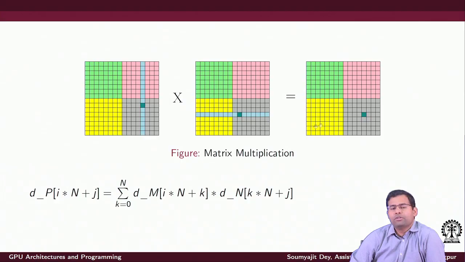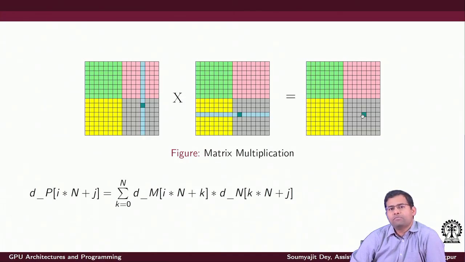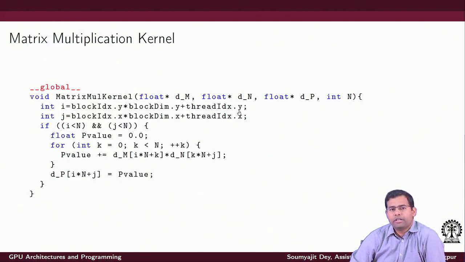Now suppose I am trying to get back from these block ID and thread ID values the corresponding row and column position in this target matrix for which the thread is going to do the computation. This is what is getting done here, right?